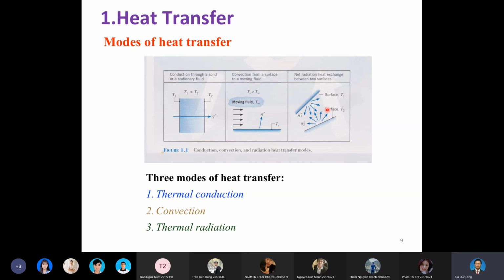So that's the general picture. You can see we have three different modes of heat transfer: thermal conduction, convection, and thermal radiation. So we have some very simple ideas about heat transfer.